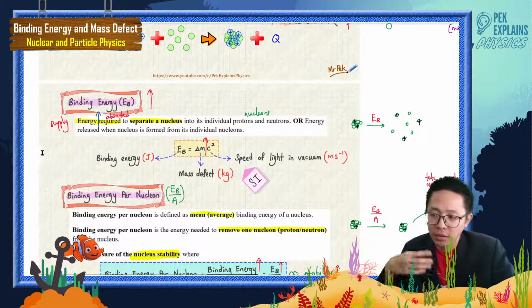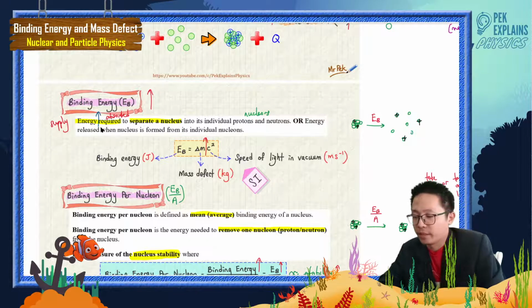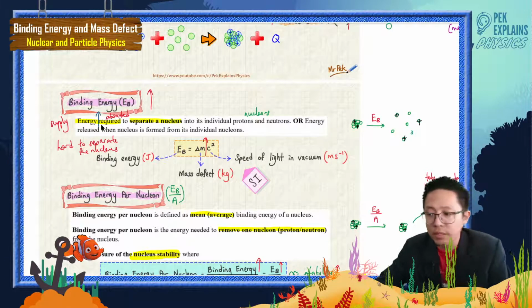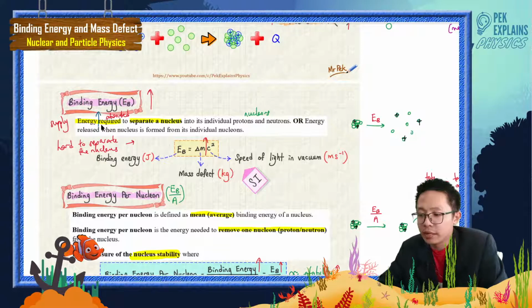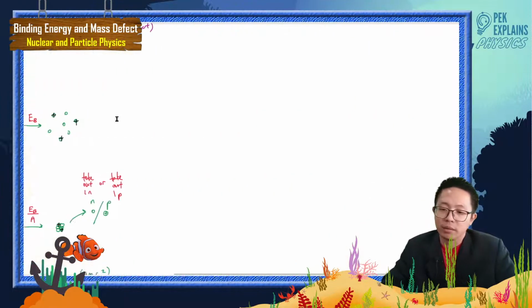If you need to supply a lot of energy, this means it is hard to separate the nucleus. Hard to separate the nucleus means the nucleus is very stable. Okay, make it like this.